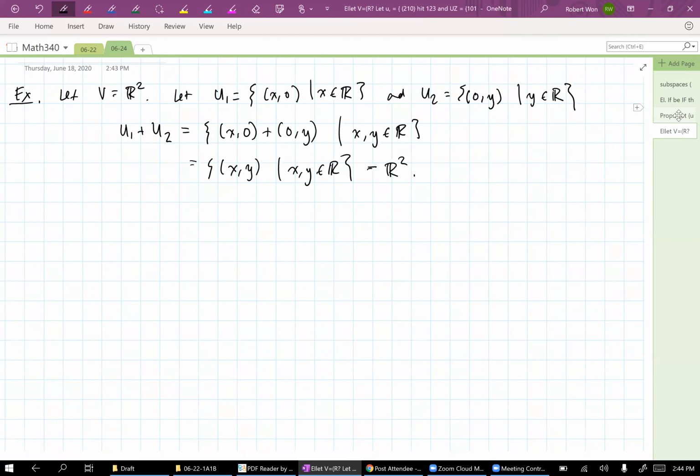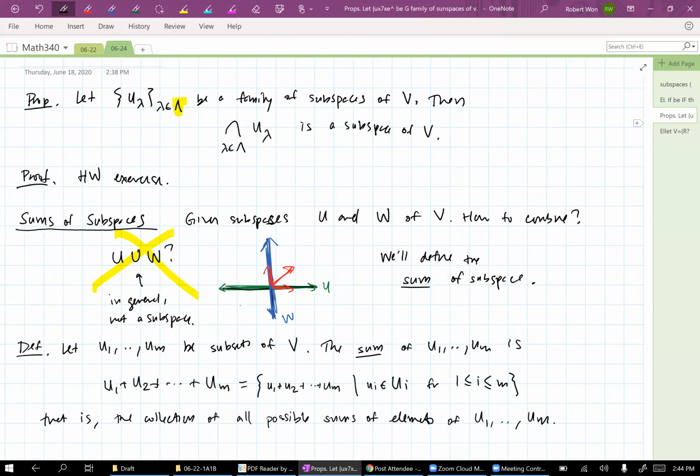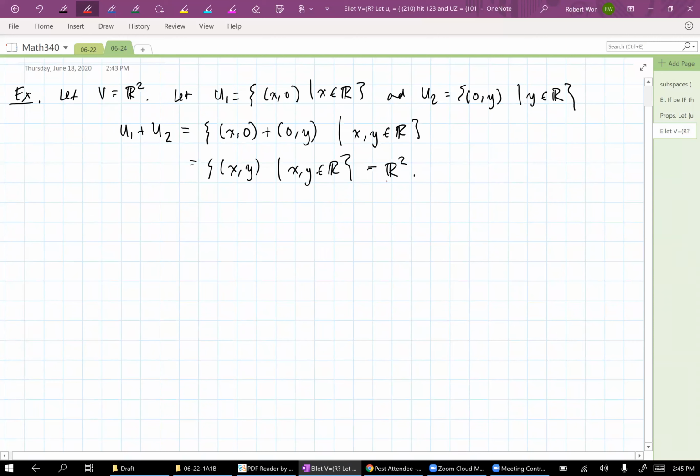All right, let's go back to this picture. Okay, right, so what I called U before is like U1 in our new example. What I called W before is now U2 in our next example. So what I've done is I've combined U1 and U2, but also I've thrown in more stuff, right? So in the end, the subspace that you get is all of R2. And it turns out that this sum, R2, ends up being the smallest subspace of R2 that contains U1 and U2.